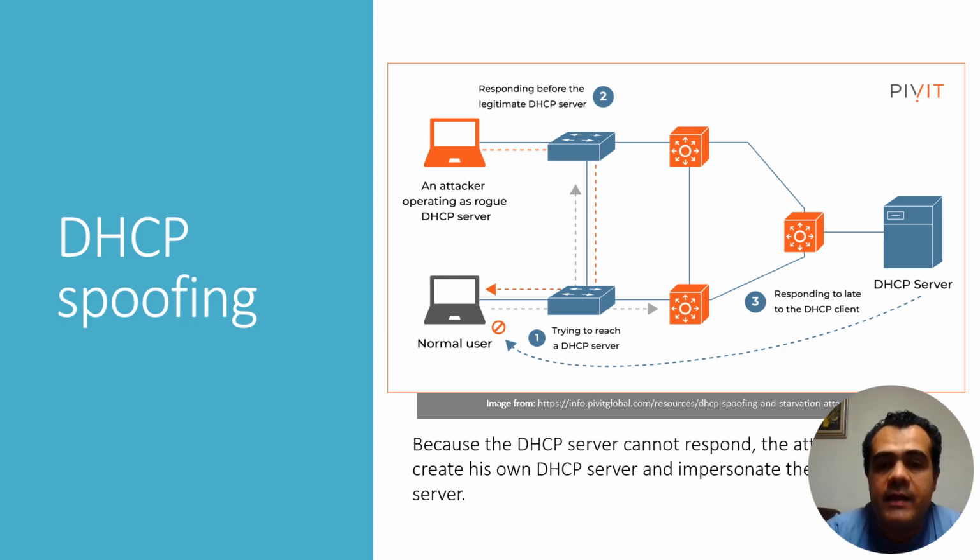if the attacker implements a rogue DHCP server, this is a fake DHCP server, all the users that try to get an IP, probably if the original DHCP server doesn't respond, are going to try to find another DHCP, and the attacker can get all that information.